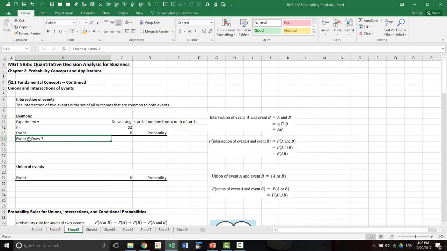What is the probability of drawing a 7? We need to find K, how many of the outcomes in the sample space satisfy the definition of the event drawing a 7. Since there are 4 cards that are 7, K is 4. So now the probability of drawing a 7 is that divided by that.